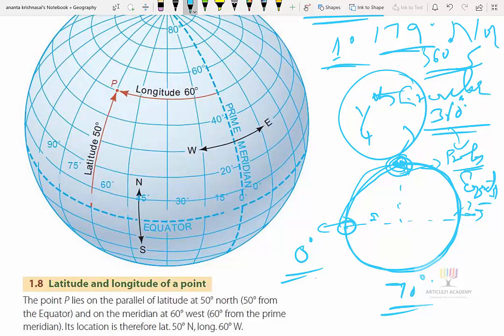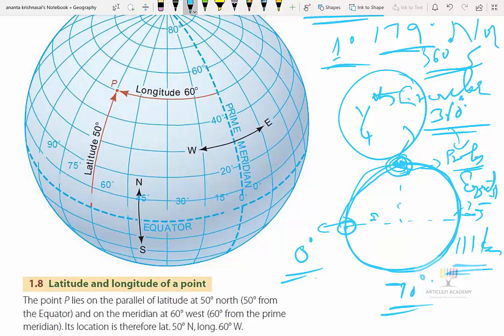At the equator it is 110.6 kilometers, while at the poles it is 111.7 kilometers. However, in terms of a constant, we find that each of these 1 degree latitude distances, whatever the distance between each of these degrees of parallels of latitude, will be taken as 111 kilometers approximately.